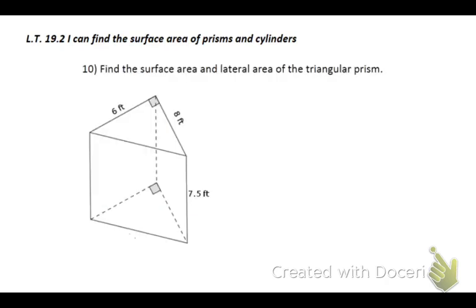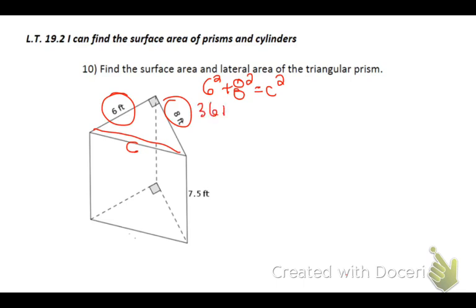All right, this one is a triangular prism, and you can tell this side is 6 and 8. For this side, if you use the Pythagorean Theorem, you can figure out it's going to be 10. You call this C. So 6 squared plus 8 squared equals C squared.